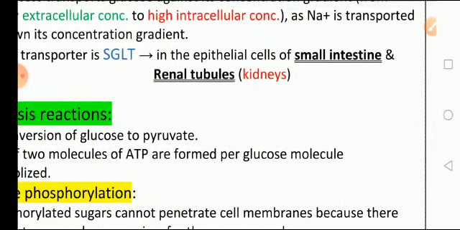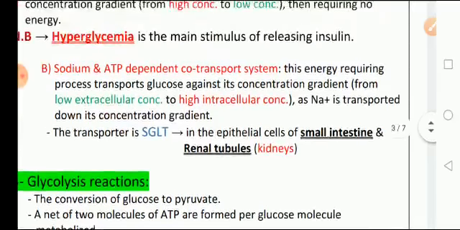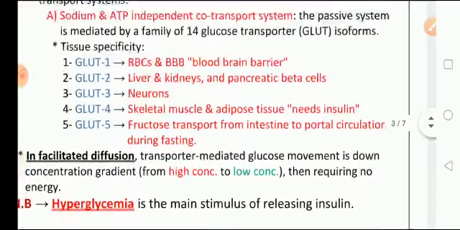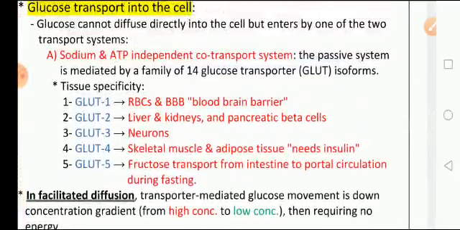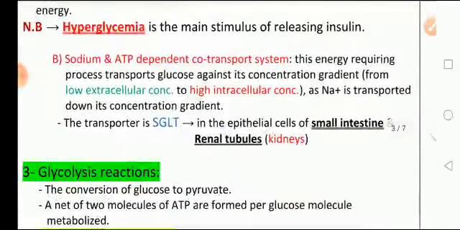So even if I have enough glucose, it will still be taken up by the small intestine epithelial cells. And that's why we cannot use, in the small intestine, the first co-transport system, because it depends on diffusion. Now I don't need diffusion, I need active transport.